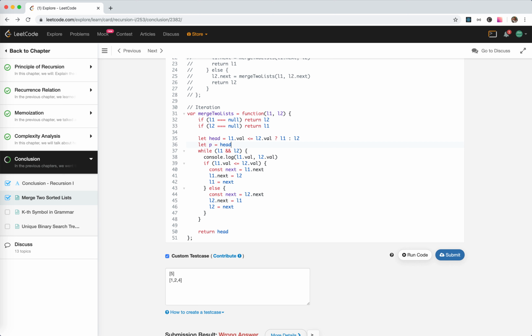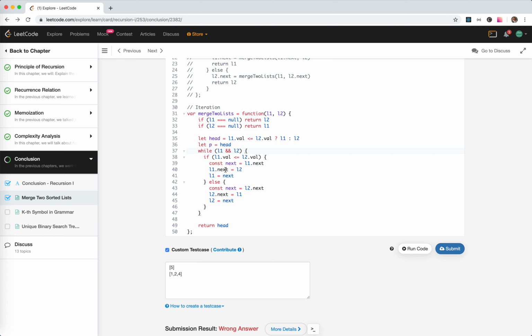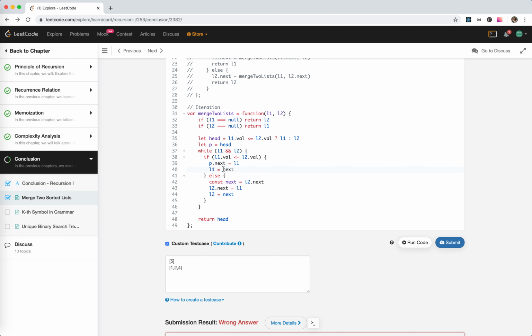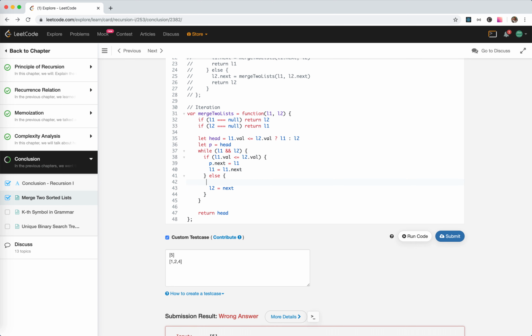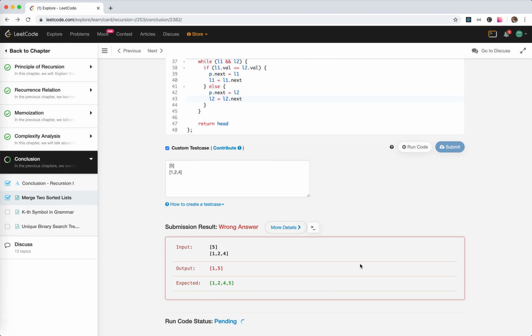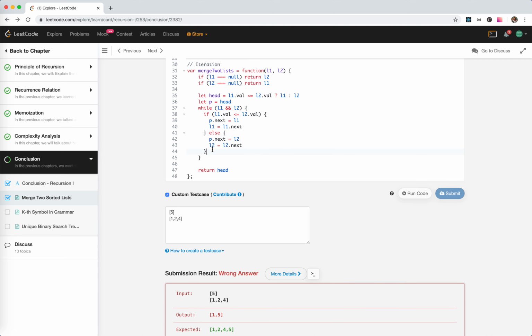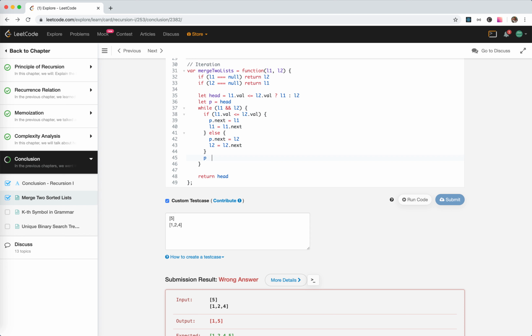Let p equals head. My bad. So actually p next equals L1, L1 equals L1 next. p next equals L2, L2 equals L2's next. Of course, when it's done, p should be p's next.